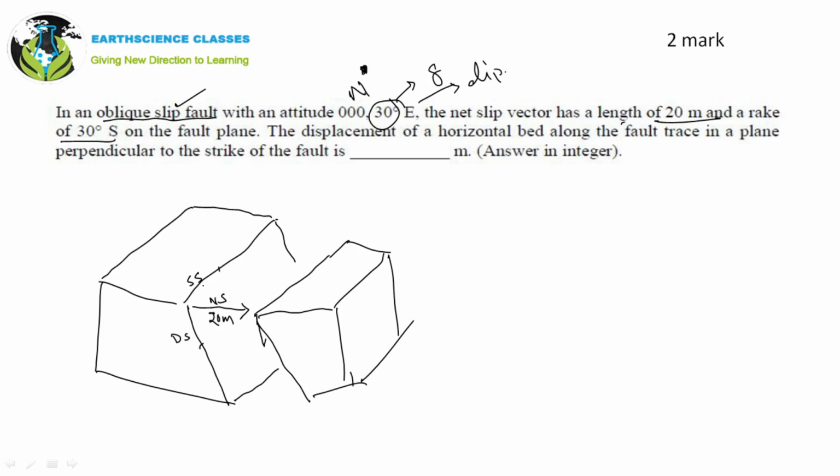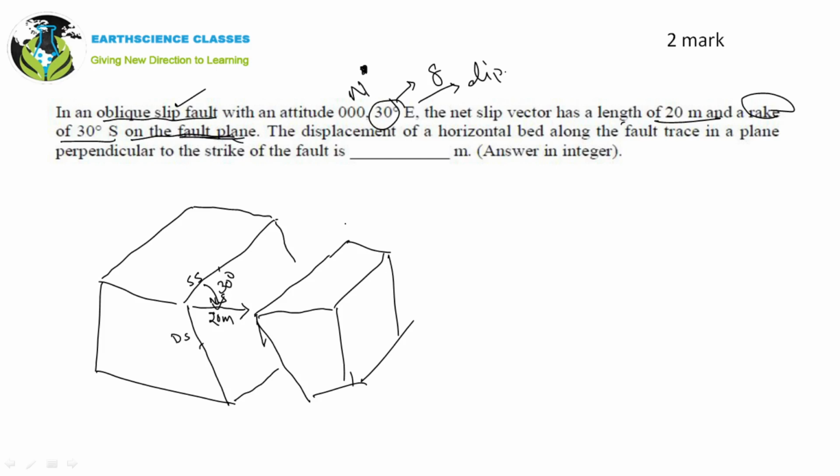That means you have to measure like this. It is 30°. Rake is what? Rake is the angle between strike and any lineation on the plane. So the rake, measured on the fault plane itself, is 30°.